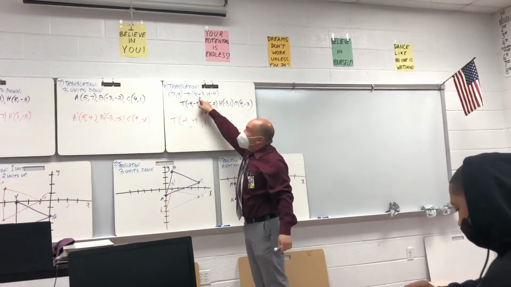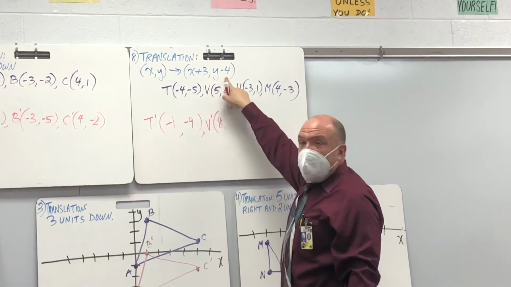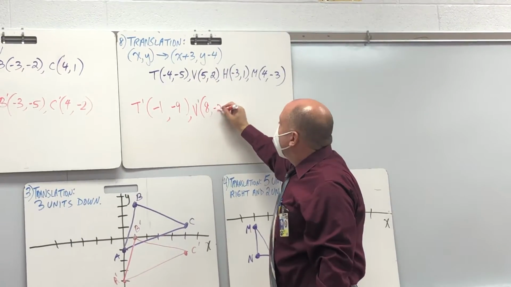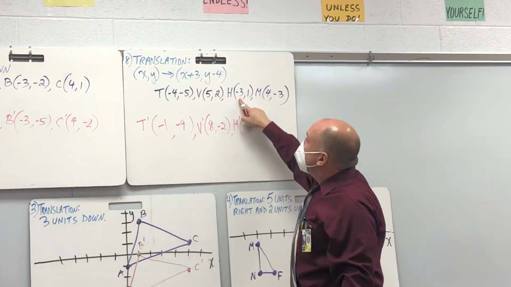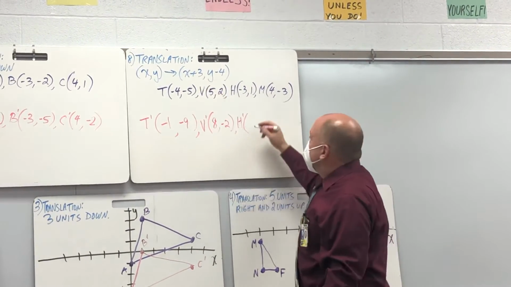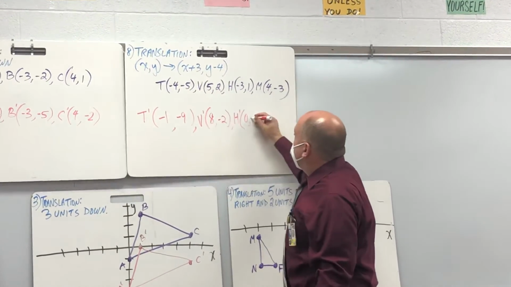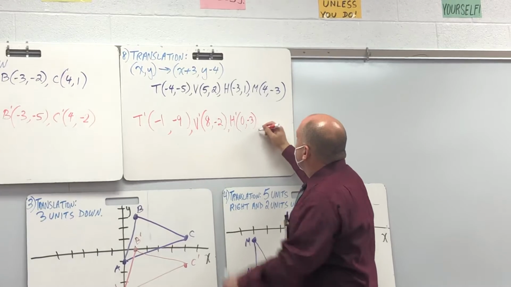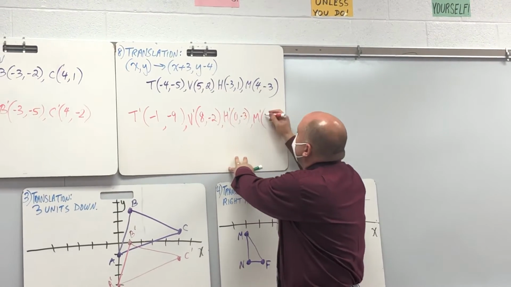What's 5 plus 3? 8. What's 2 minus 4? -2. What's -3 plus 3? 0. What's 1 minus 4? -3. What's 4 plus 3? 7.